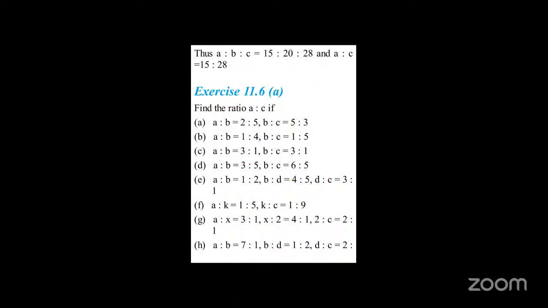Okay, let's do it again. We have A ratio X, which is 3 ratio 1. And then X ratio 2, which is 4:1.